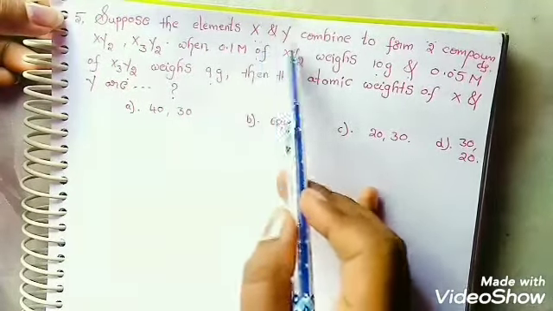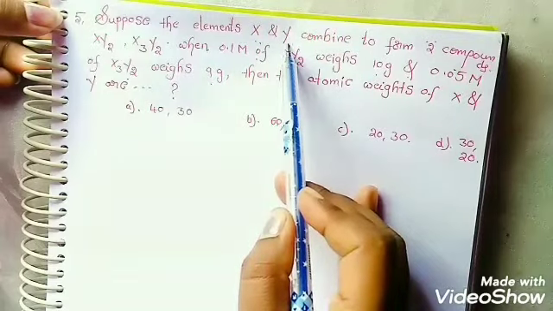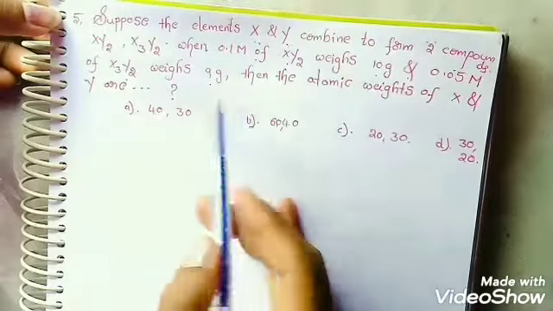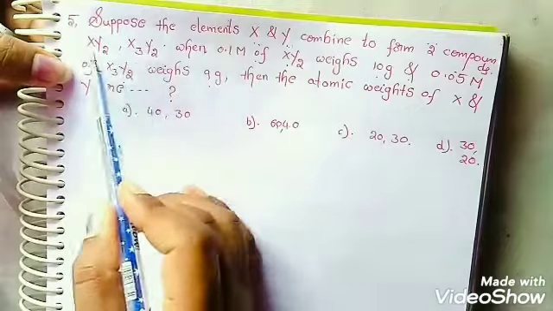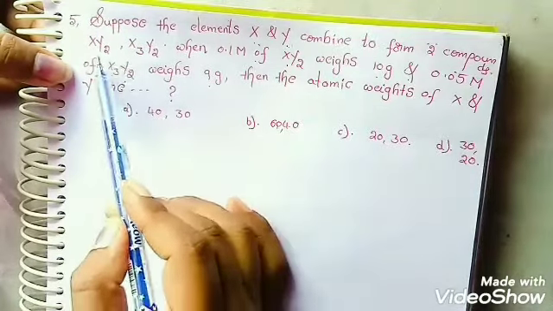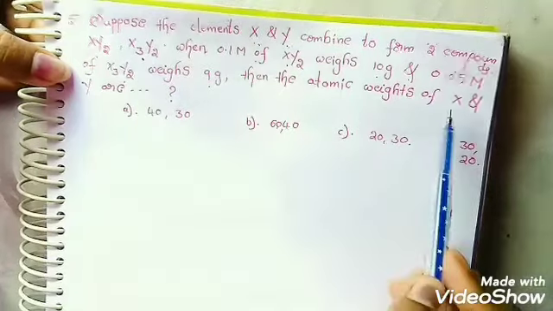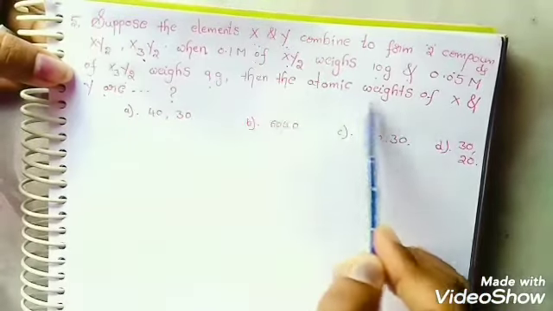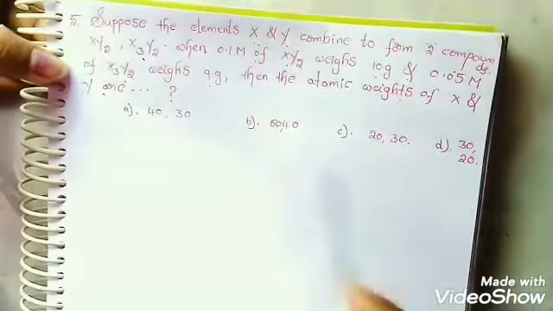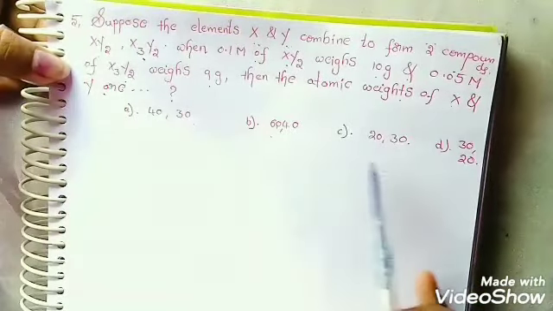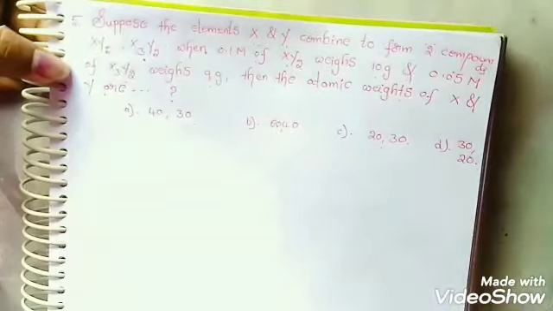Already X and Y combine together to form two compounds, they have given the molecular formulas XY2 and X3Y2. Now students, we have to calculate the atomic weights of both X and Y. Options they have given: 40 and 30, 60 and 40, 20 and 30, 30 and 20.